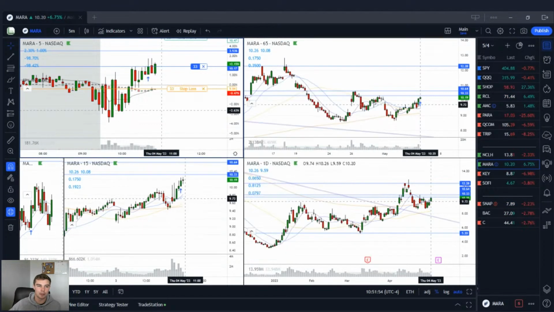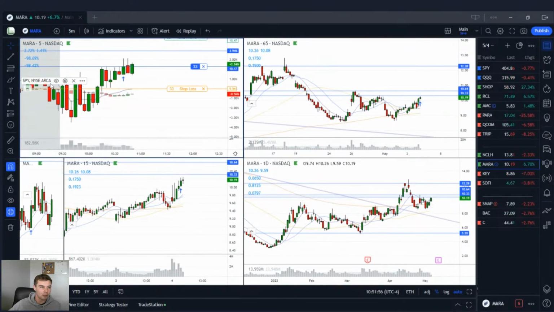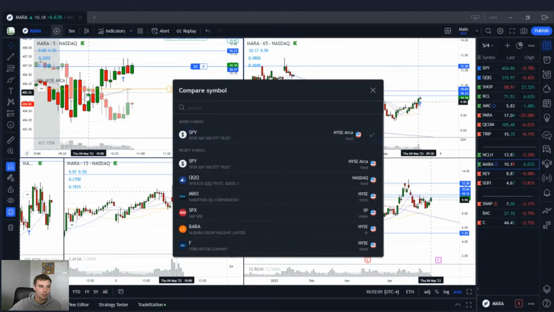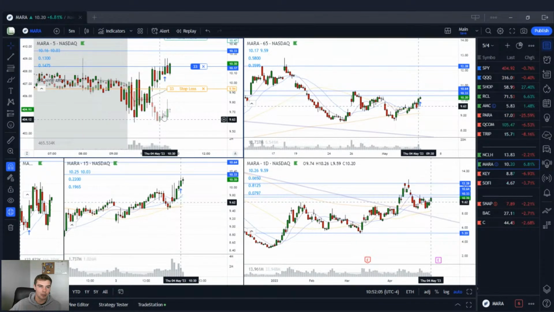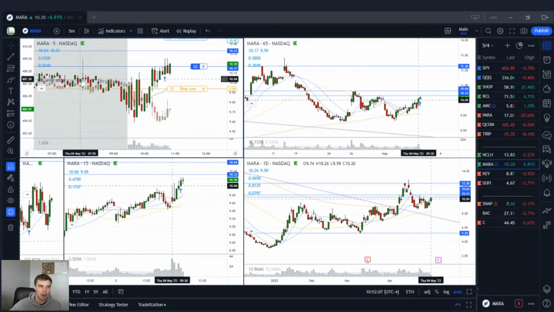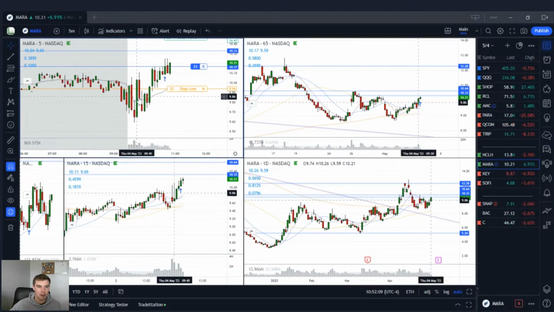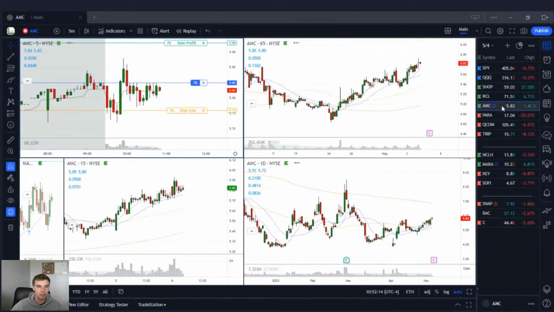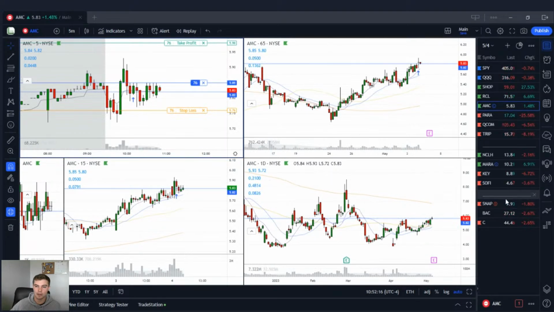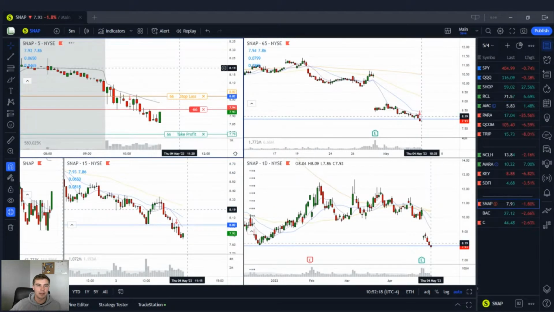Relative strength overrides some stuff here. The market's been moving lower, Mara's been moving up. So great relative strength there. That was kind of the seller for me. Sometimes relative strength can override some of the negative factors of a trade.